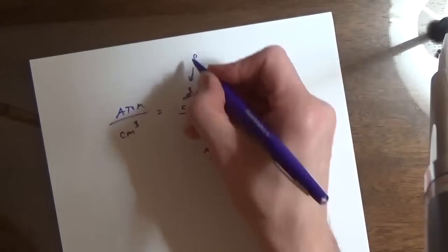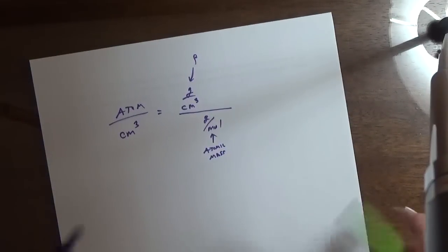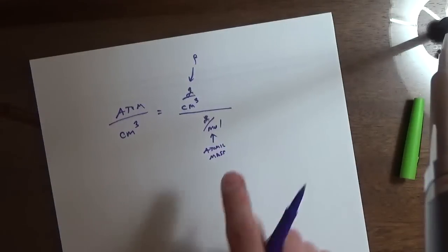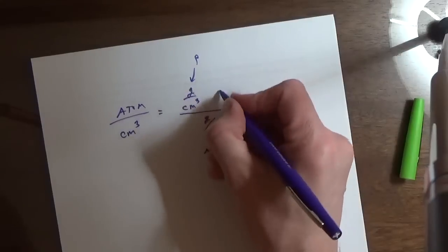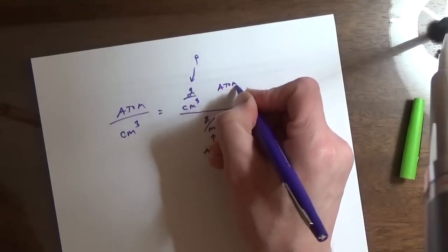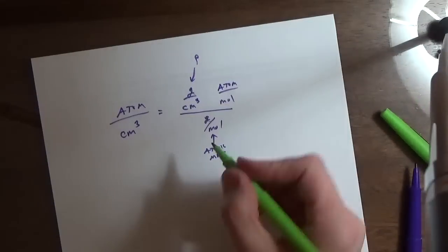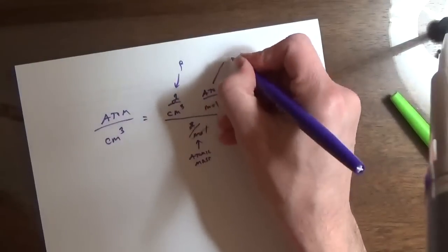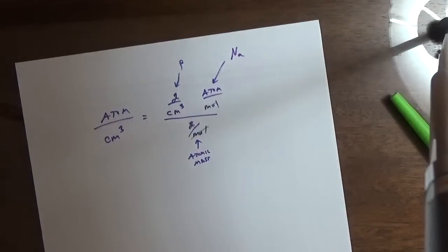That's the density. So here we're getting rid of the grams, but we still have this molar quantity we've got to get rid of, which means atom per mole. Moles go away. This is Avogadro's number, atom per mole.